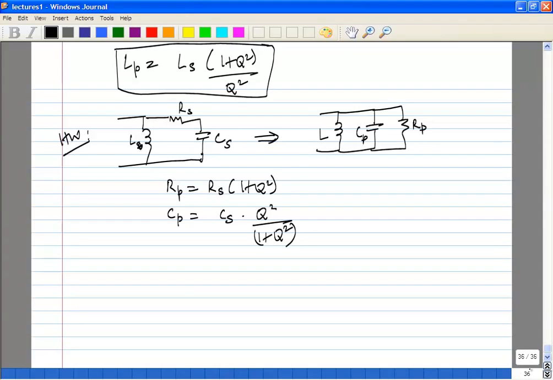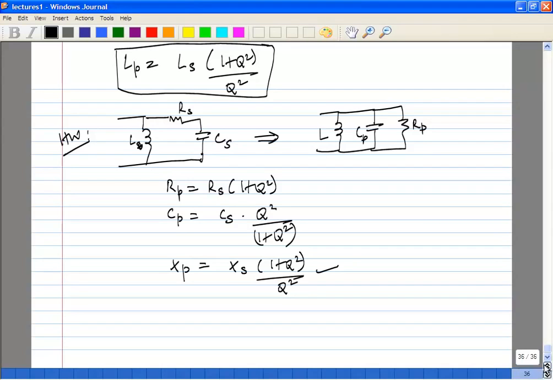So in other words, I guess you can write XP as XS times (1 + Q²)/Q². It so happens that XP for a capacitor is 1 over j omega CP and so on, right? So this is a general relation for any reactance.